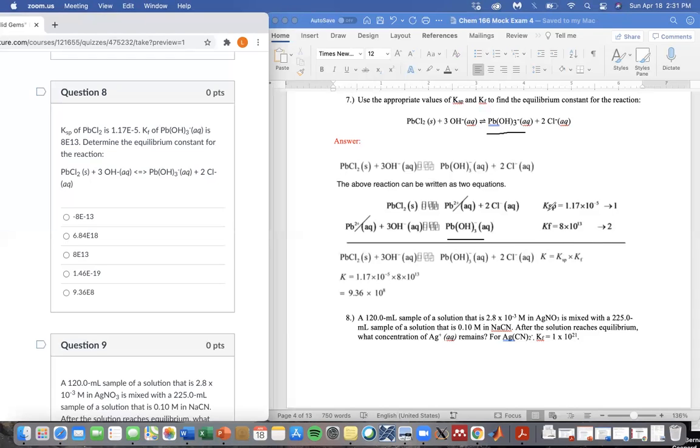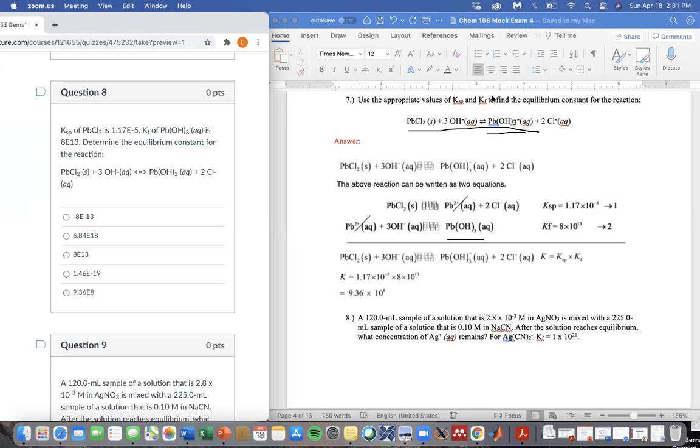And so you have these two expressions, and you add those expressions together, you can cancel out your Pb2 plus because it's the same on both sides of the equation here. But you're left with PbCl2 plus 3OH minus yields Pb(OH)3 minus plus 2Cl minus, which is the exact same as this reaction that you have up here.